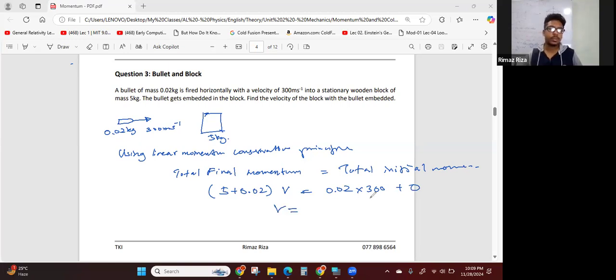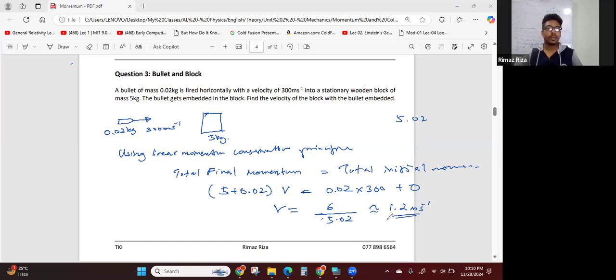So v equals 0.02 into 300, which is 6, divided by 5 plus 0.02, which is 5.02. That is approximately, okay, so I take it as approximately equal to dividing 6 by 5. If you divide 6 by 5, you will get 1.2. So 1.2 meters per second.